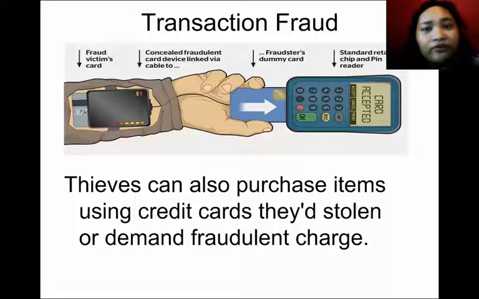Transaction fraud also happens when thieves purchase items using stolen credit cards. This is possible through a certain device hidden by the sleeves of their shirts. This device takes the important information from the original credit card and sends it to a dummy card that belongs to the fraudster.